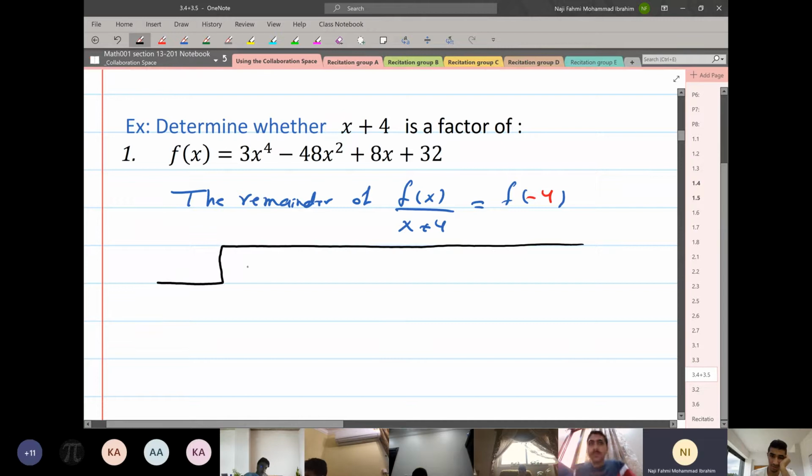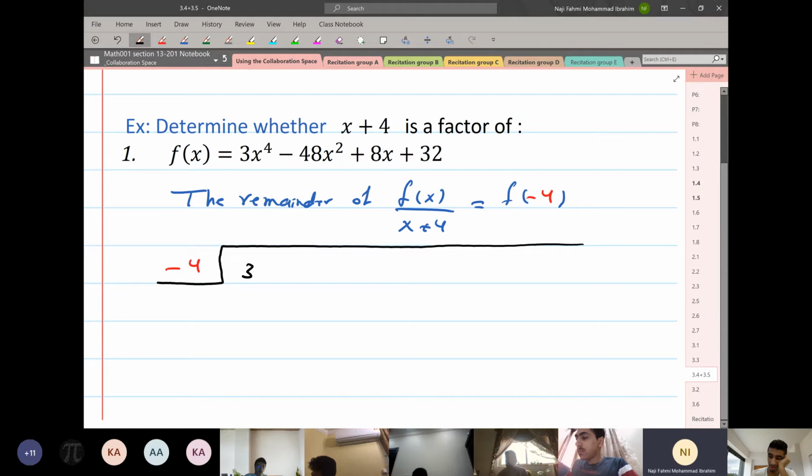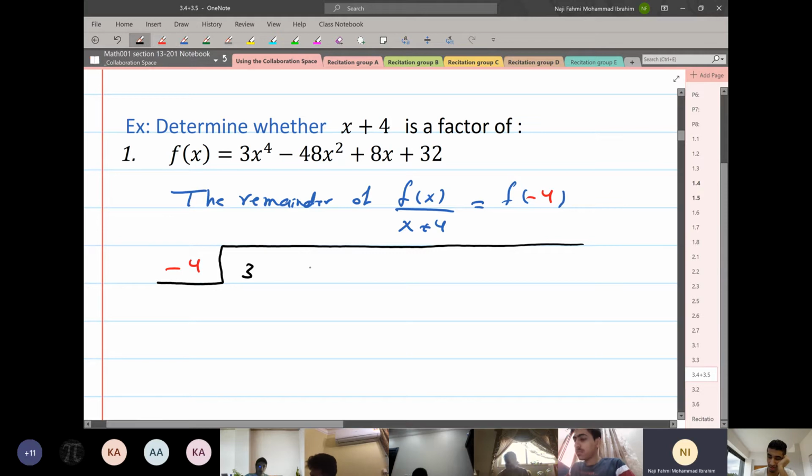Use a pen. Do we have any missing terms in this example? Yes. And we have to replace it with 0 if it's missing. Yes, start dividing.